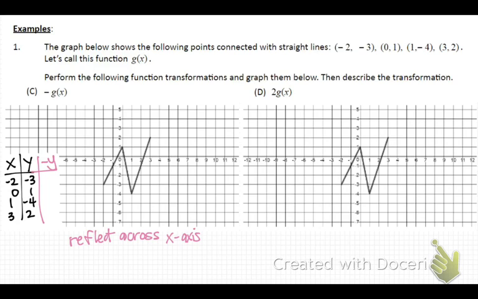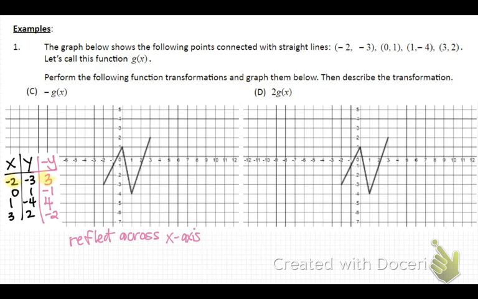So what is -3 times -1? That is going to be a +3. What about 1 times -1? -1. What about -4? +4. And 2 is -2.